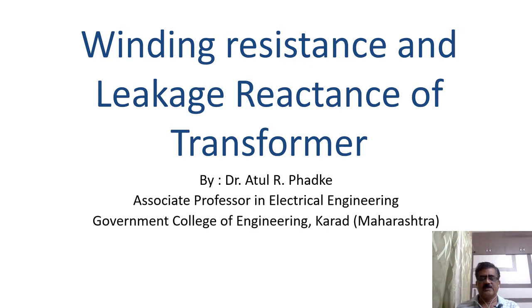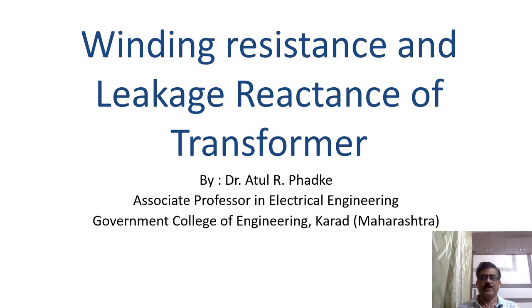In our previous videos, we have assumed an ideal transformer, means its winding resistance and magnetic leakage is 0. However, in case of a real or actual transformer, winding resistance and magnetic leakage cannot be 0.